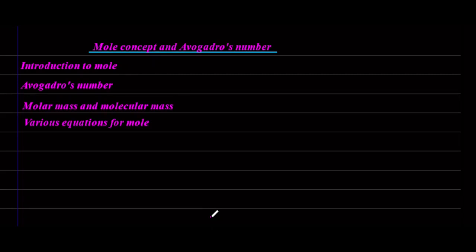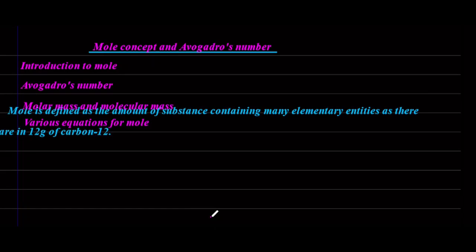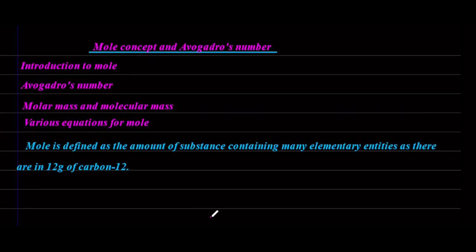So let's get started. What is a mole of a substance? The mole of a substance is defined as the amount of substance which contains as many elementary entities as there are in 12 grams of carbon-12.